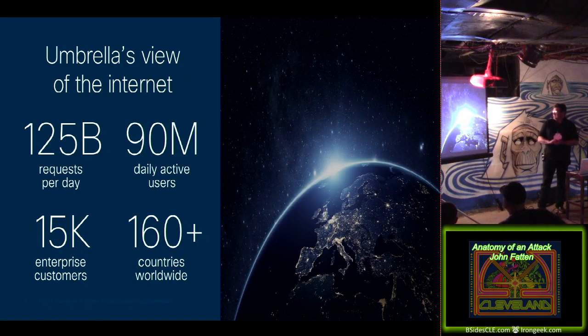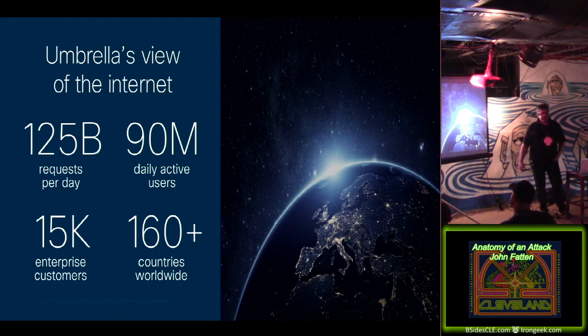A little bit about Cisco Umbrella, formerly OpenDNS. Obviously, we collect a lot of data. We have 90 million users globally in 160 different countries that every day are resolving about 125 billion DNS requests.